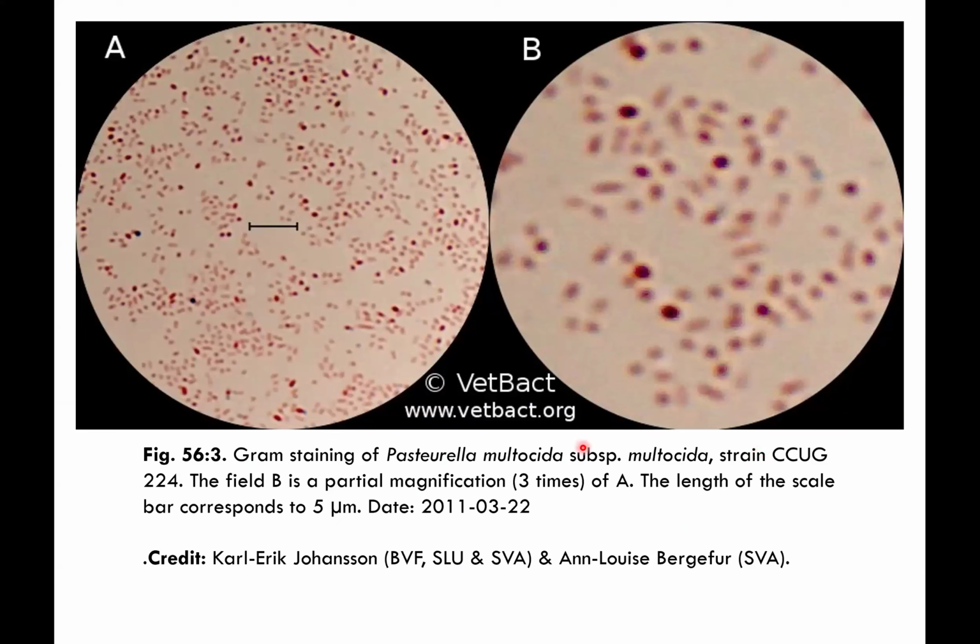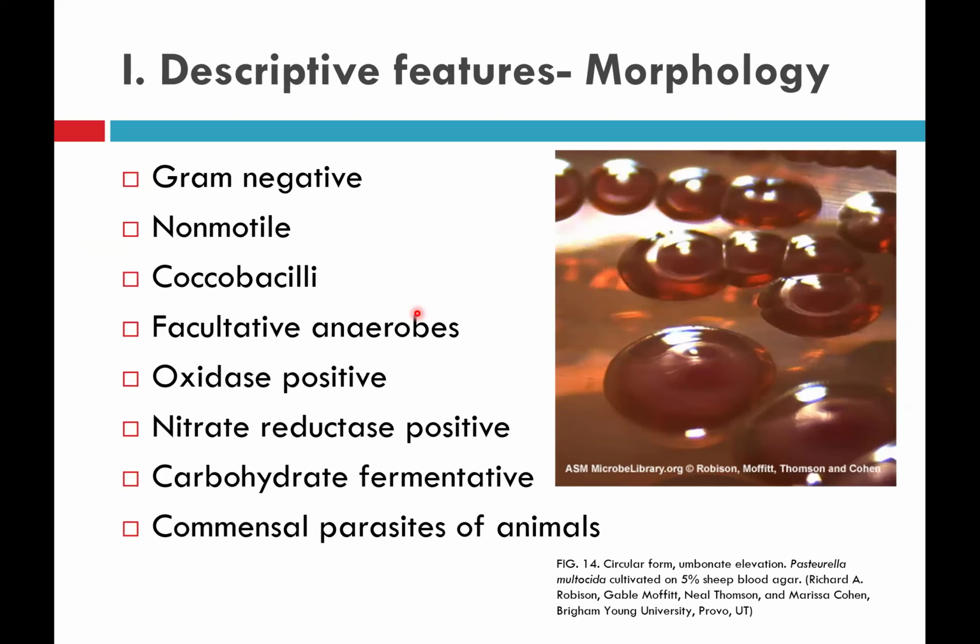So remember, the Pasteurellaceae, they are the respiratory disease agents. It looks very similar to your genus Haemophilus in that they are coccobacillary and still gram-negative. They are non-motile facultative anaerobes. They are considered commensal parasites of animals.